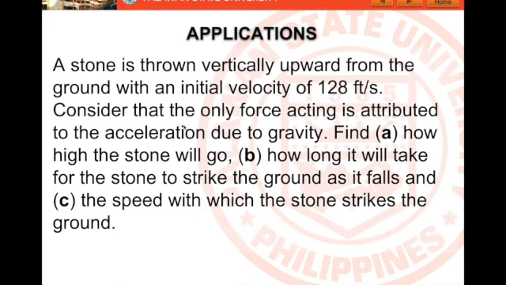So consider that the only force acting is attributed to acceleration due to gravity. So what is acceleration due to gravity? We all know it's 9.8 meters per second squared, but we are dealing with feet here. So we need the counterpart in the English system, which is 32 feet per second squared, and it is always directed towards the center of the earth.